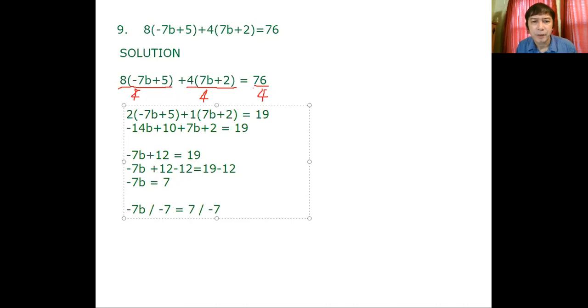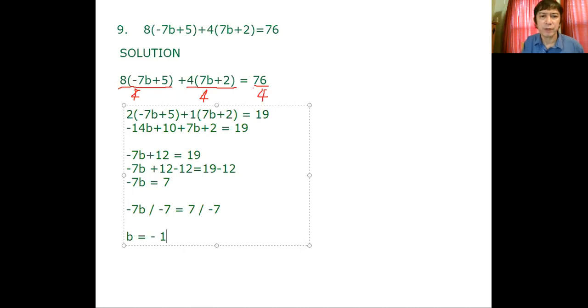And so we are going to have the next line: negative 7 divided by negative 7 is positive 1. Positive 1 times b is simply b. And here's the answer. Positive 7 divided by negative 7 is just negative 1. That should give us the final answer. And we'll be able to find out after a little while on the other side.